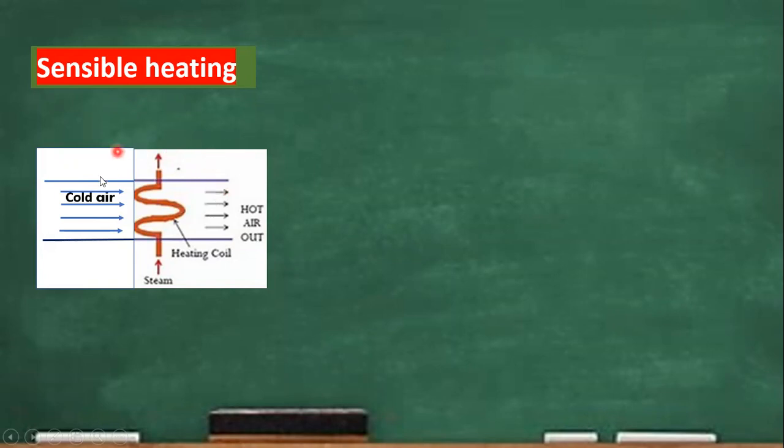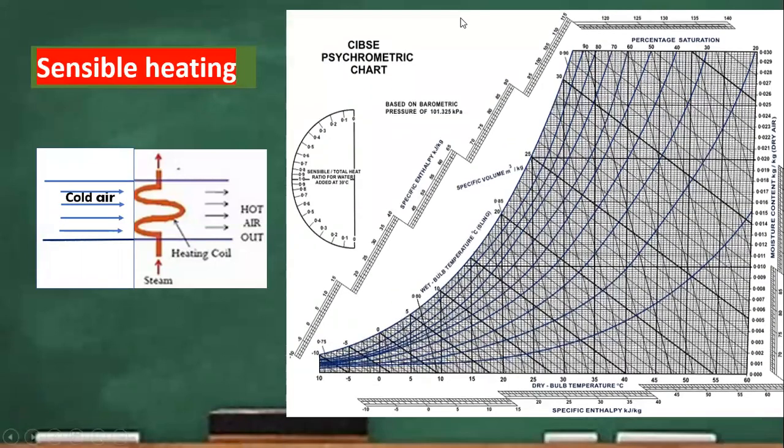Now we will represent such a sensible heating process on the psychrometric chart. Here is a psychrometric chart. This is the layout of the psychrometric chart. The horizontal axis, that is the x-axis, represents dry bulb temperature, and the y-axis represents moisture content.